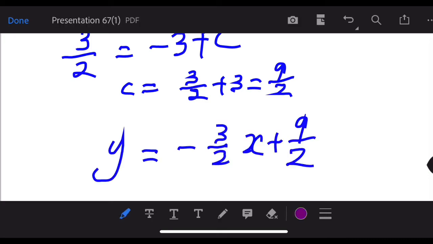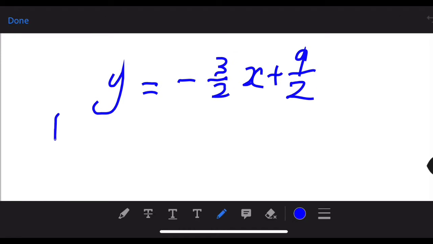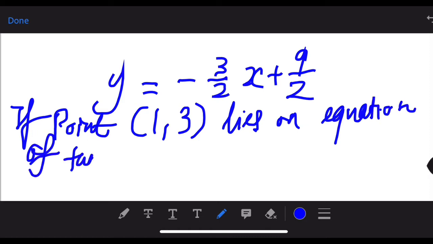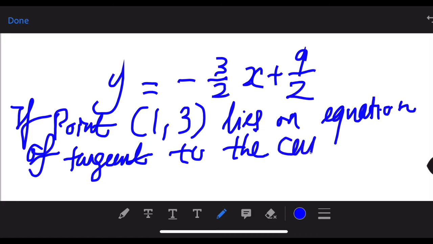So if the point (1, 3) lies on the equation of the tangent to the curve, then when you substitute, it will satisfy the equation, meaning it will give the same value.